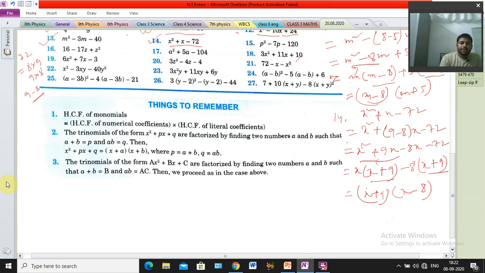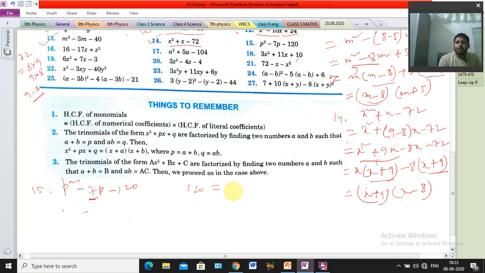Next, question number 15: p square minus 7p minus 120. Okay, this is the question. What to do, sir? The coefficient of p square is nothing, means 1. So 1 into 120, we are getting 120, but we need 7.